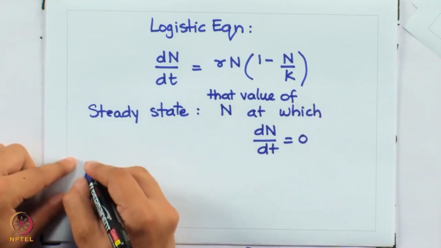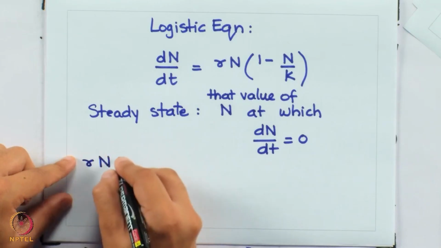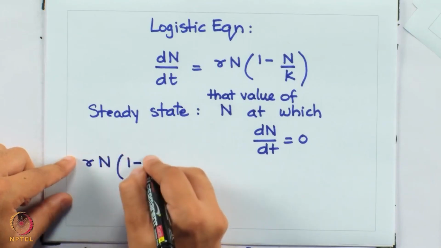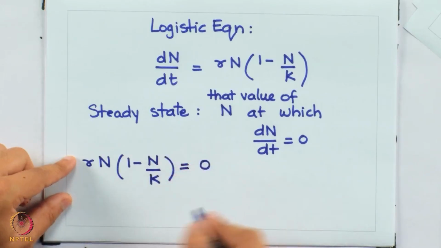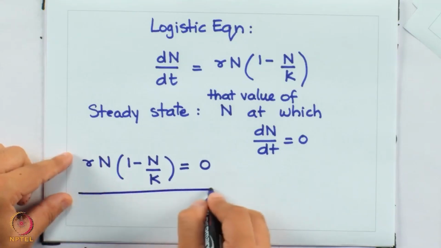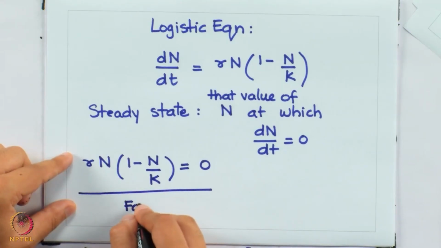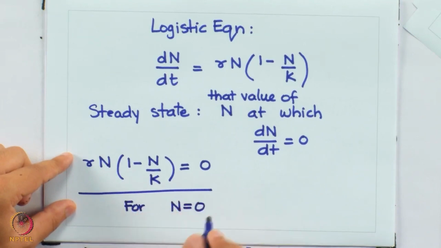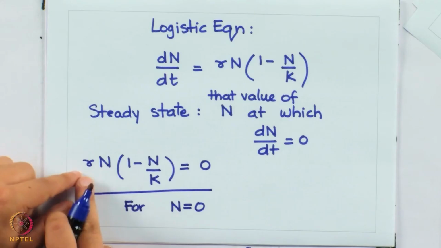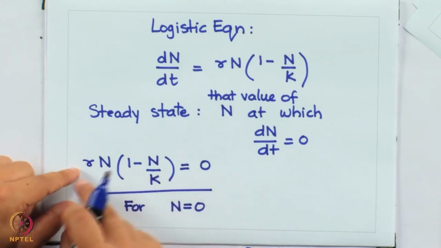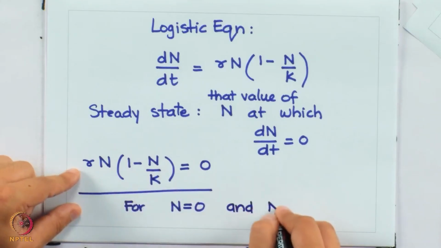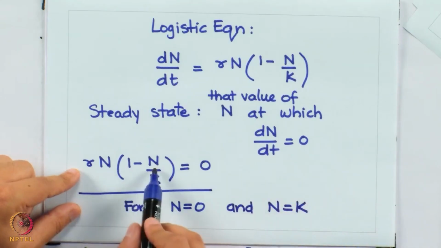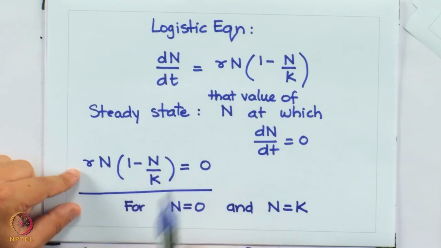For our equation, what are the values for which dN by dt is equal to 0? We know dN by dt is just equal to rN times 1 minus N by K is equal to 0, and this whole expression is equal to 0 for N equal to 0, because when I plug N equal to 0 here, this becomes r times 0 times this quantity in the bracket, which is 0, and N equals K. Because when I plug N equal to K here, this becomes 1 minus 1, which is 0, 0 times rN is equal to 0.